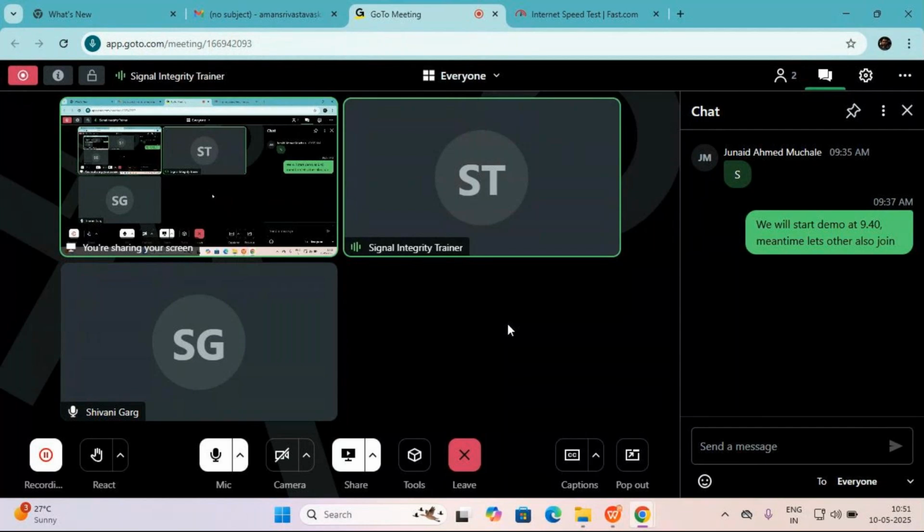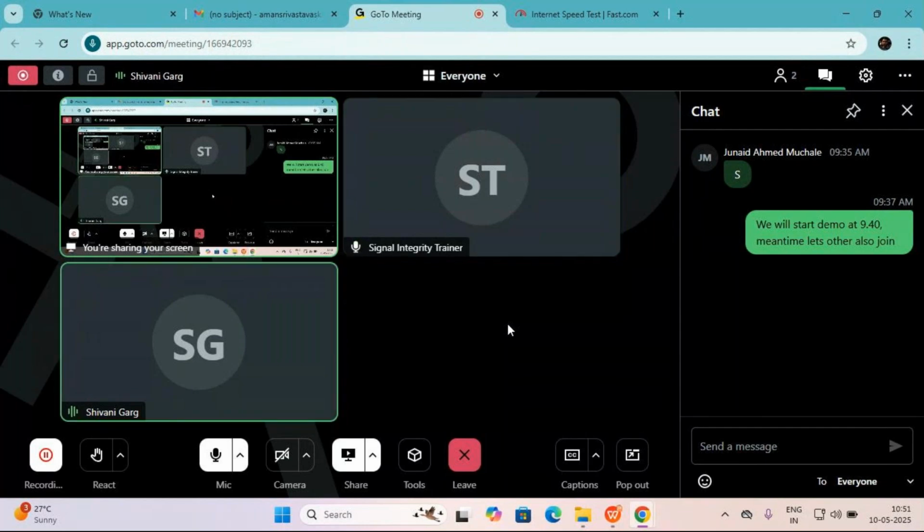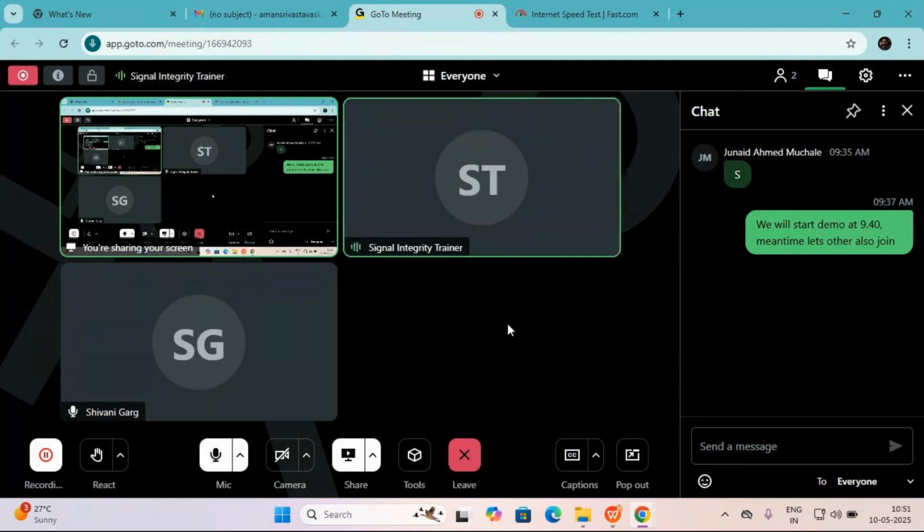So will we get the license, or do we have to access the labs remotely? Shrikant can explain better right now. I guess you will be getting the lab access. Right, Shrikant?